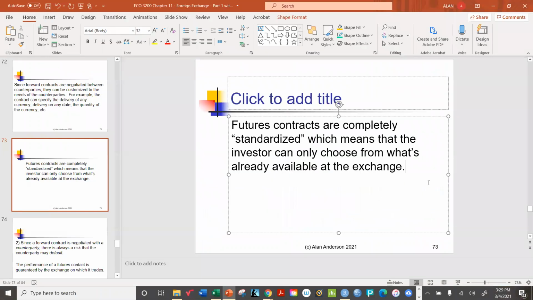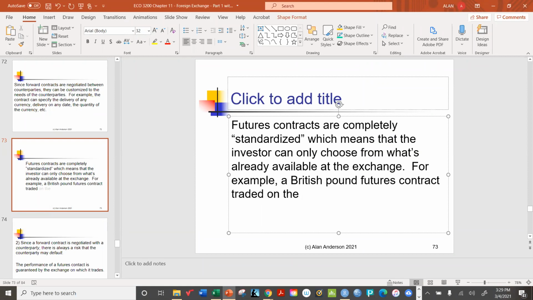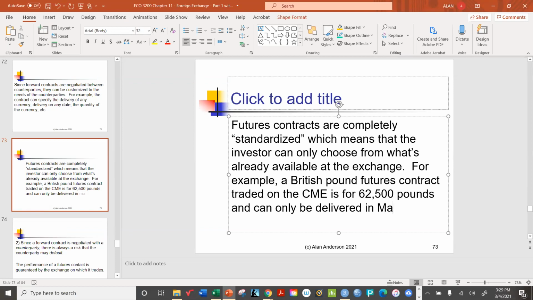And also, for example, a British pound futures contract traded on the CME, Chicago Mercantile Exchange, is for 62,500 pounds and can only be delivered in March, June, September, or December.